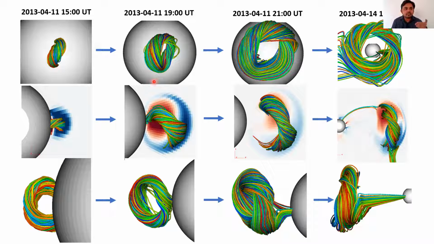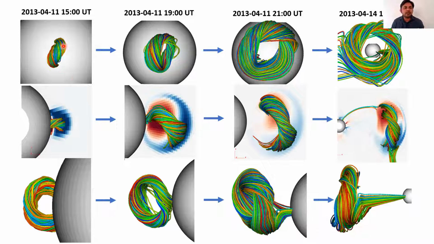If you just look at any of the rows, here the projected axis is aligned almost along the Sun-Earth line, but as it evolves, you see there is a rotation, almost like 30 degrees, and here the magnetic axis again rotates, and when it reaches 1 AU, the magnetic axis is almost 90 degrees compared to the initial configuration when it was inserted through the lower boundary.